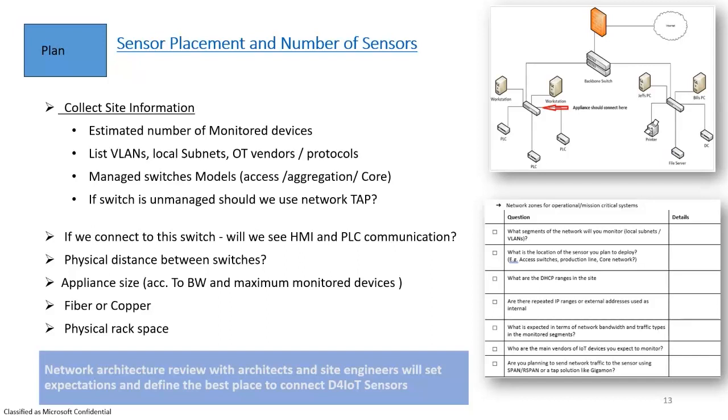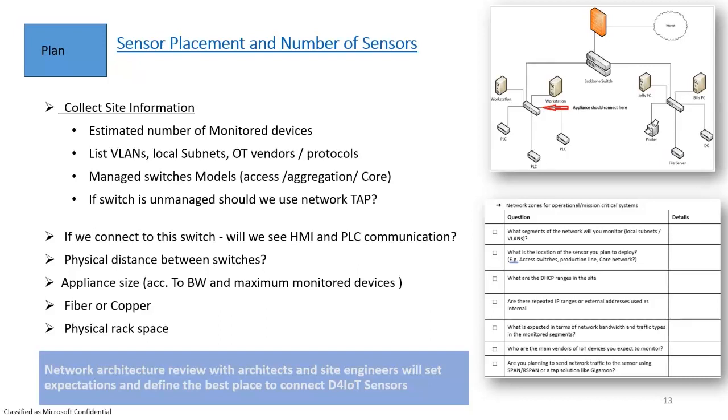And in order to do that, we also need to identify the switch that the sensor will connect to. So the most important question that we see customers asking themselves, when they're trying to identify the right switch, is: will we see PLC and HMI communication if we connect to the switch? And if the answer is yes, that is the switch you connect to.